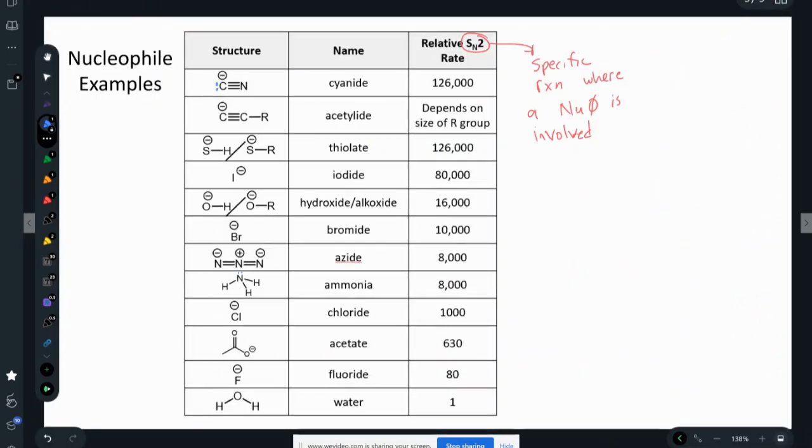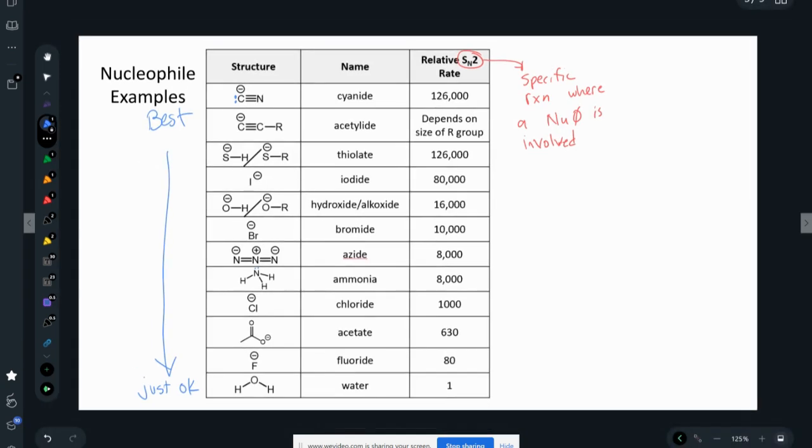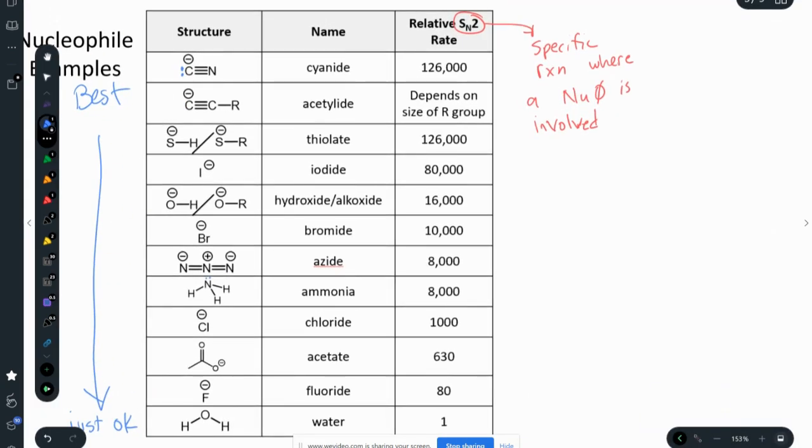So this list is really going from the best nucleophiles to, let's say, the just okay nucleophiles. So you can see how those factors affect how good a nucleophile we have.